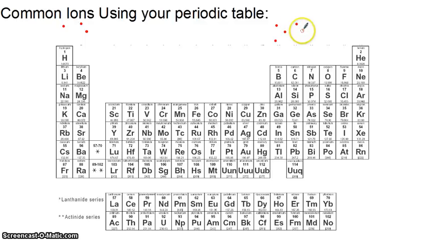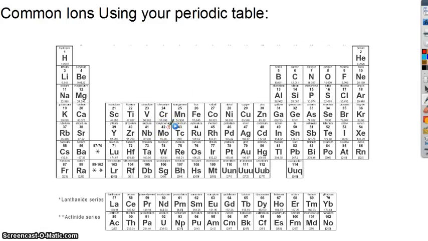Carbon's column gets 4 dots. Nitrogen's column, 5. Oxygen's column gets 6. Fluorine's column gets 7. And then 8 will go to the noble gases.